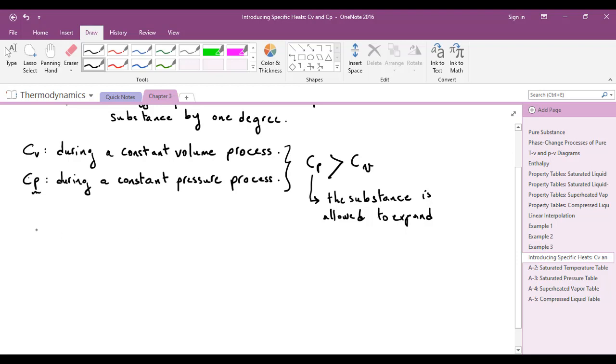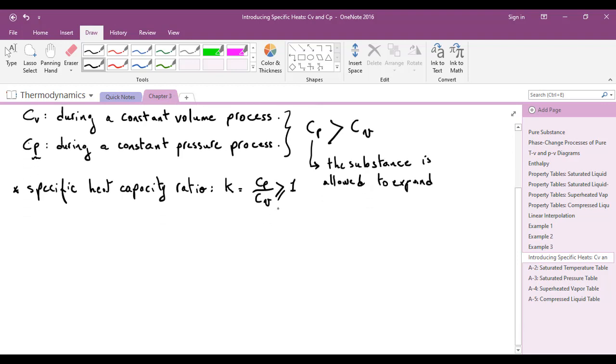That's why we define the specific heat capacity ratio, small k, which is equal to Cp over Cv, which is usually higher than 1.